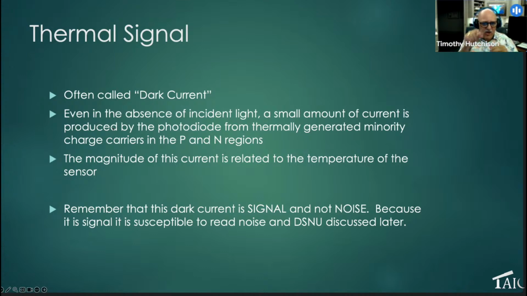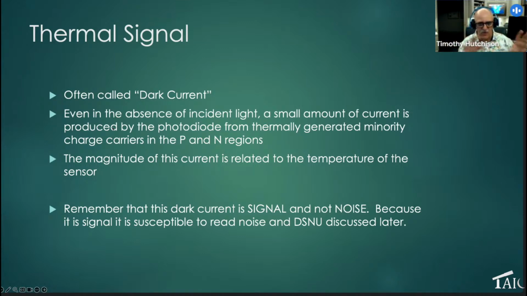And there's a small amount of current, and you see in my second statement there, even in the absence of incident light, in other words, no photons impacting the sensor, there's a small amount of current that's produced by the photodiode from thermally generated minority charge carriers in the PN region.